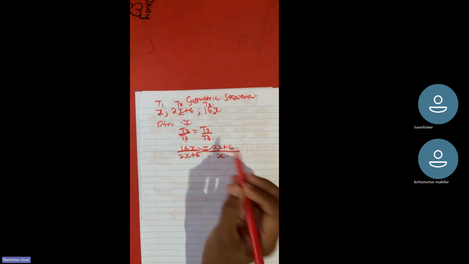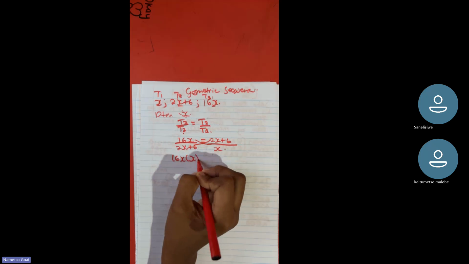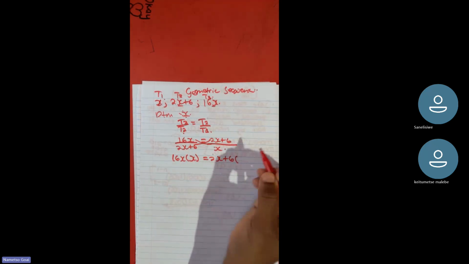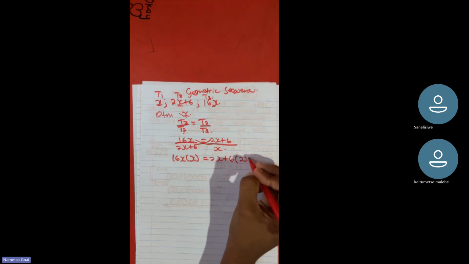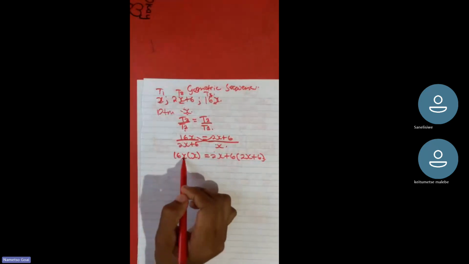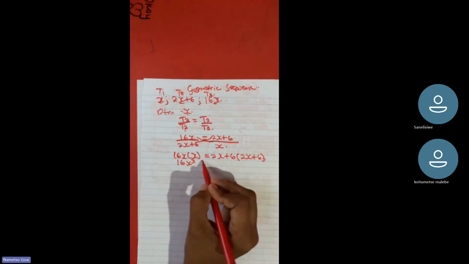When it's like this, we can easily just cross multiply, right? This way, this way. So we have 16x all into x equals to 2x plus 6 all into 2x plus 6, right? Close bracket.